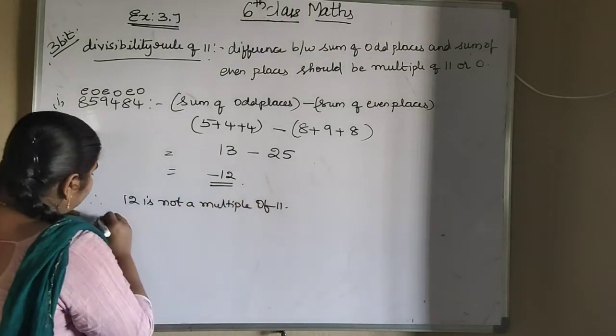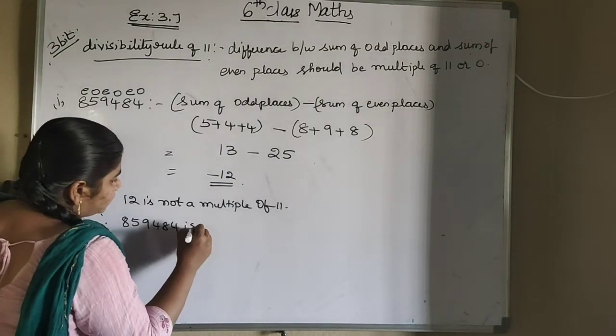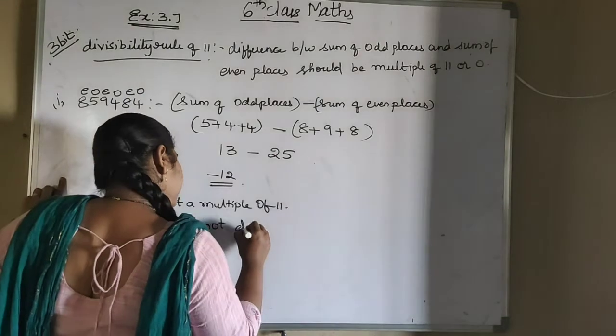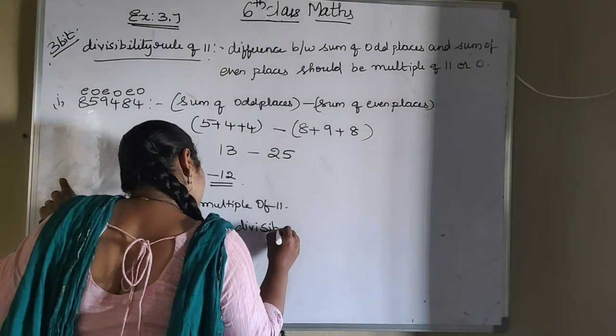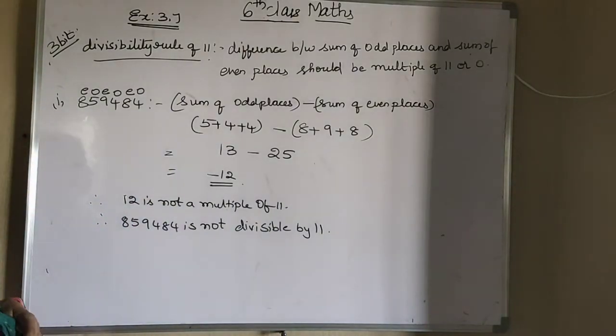Therefore 859484 is not divisible by 11. So this is our first question.